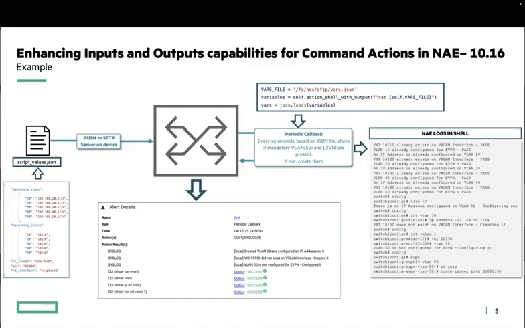And so the NAE agent, using a periodic callback, reads this file, checks if the different items are locally configured on the device, and if not, it will fix it by creating those missing items. And in case something is missing, like in this example, the VLAN 50, you can see the logs that it generates in the shell, as well as the alert.